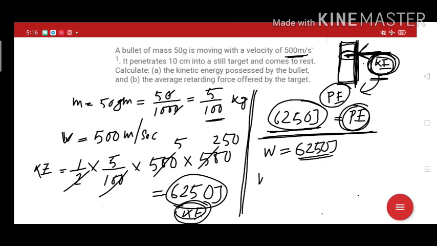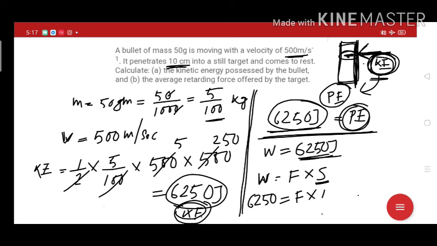So what we know is that W equals F into S. Now to stop the bullet, the energy spent is 6250 joule. That means the work done is also 6250 joule. We write the value of work done, and then we don't know the force, but we know the displacement, that is 10 centimeter. It penetrates 10 centimeter inside the target.